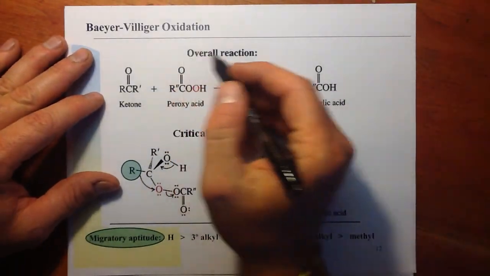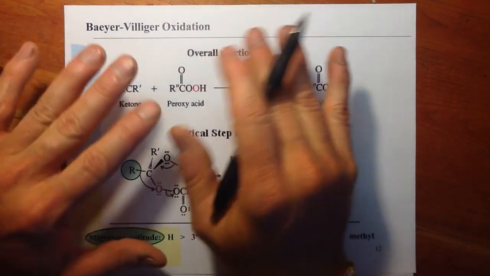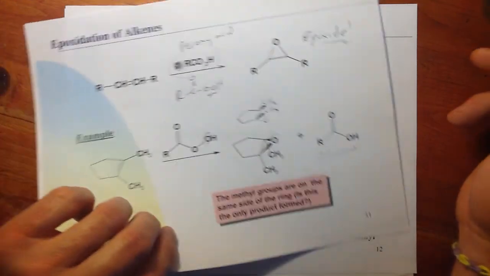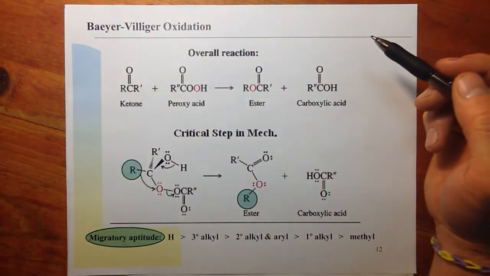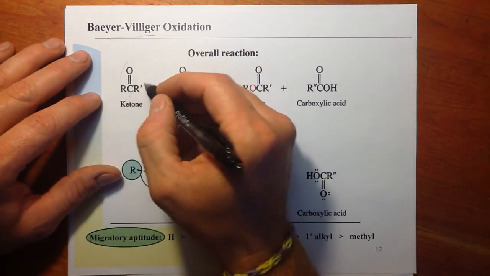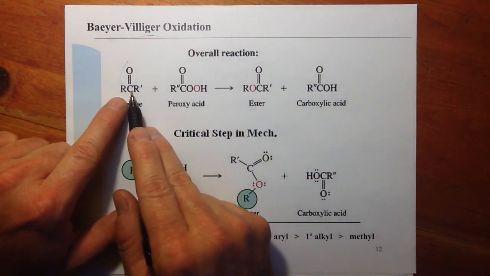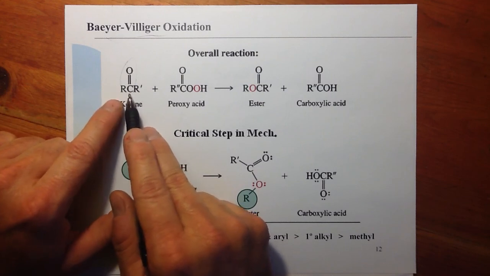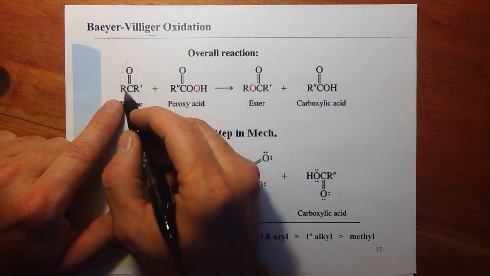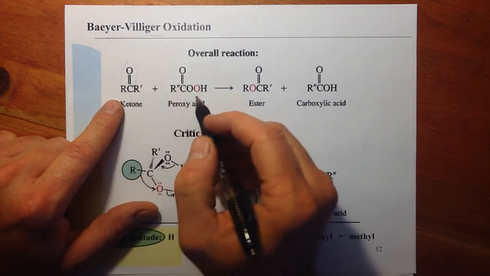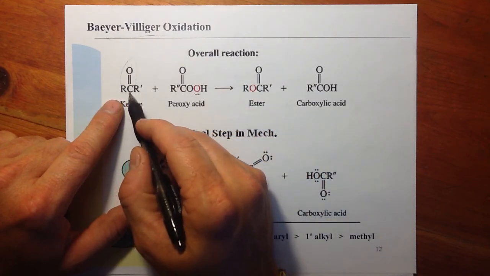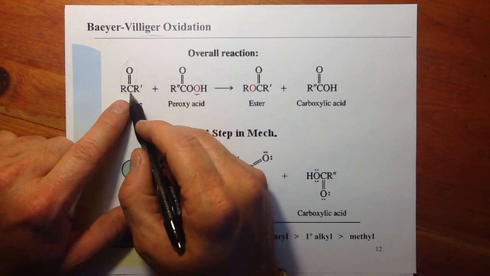Now I do give a little bit of the reaction mechanism for the Baeyer-Villiger oxidation. For this epoxidation of alkenes, we did not give a mechanism. But there is a little bit of discussion here on the Baeyer-Villiger oxidation. Epoxidation of alkenes is a little different from the Baeyer-Villiger oxidation. In the Baeyer-Villiger oxidation, we're working on a ketone or an aldehyde. What we're going to do is insert the oxygen from the peroxy acid, the one in red, between the carbon here and the carbonyl.